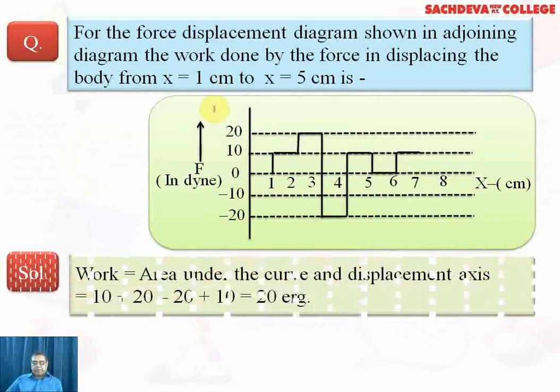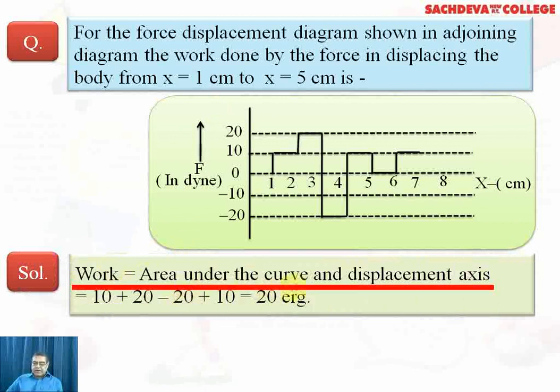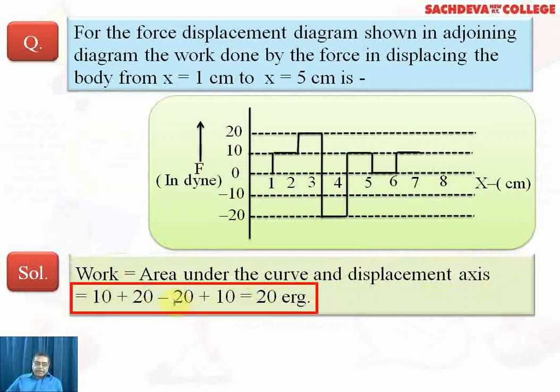The work is the area under the curve and the displacement axis, and according to the figure that will be 10 plus 20 minus 20 plus 10. So we add the two numbers, subtract 20, and finally we get 20 ergs.